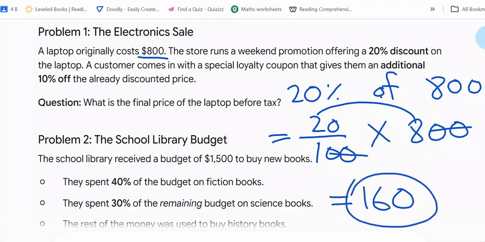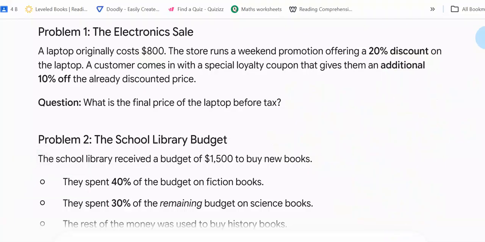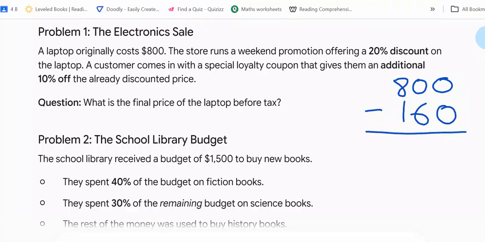So 160 is the discount. 20% is the discount. When something is discounted, it means we will subtract this much from the original price. Discount means less. Like this 160 was the discount, so we will subtract it from the original price.